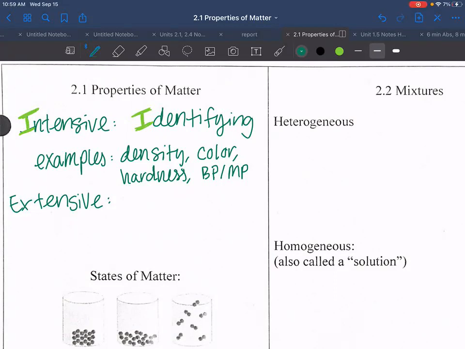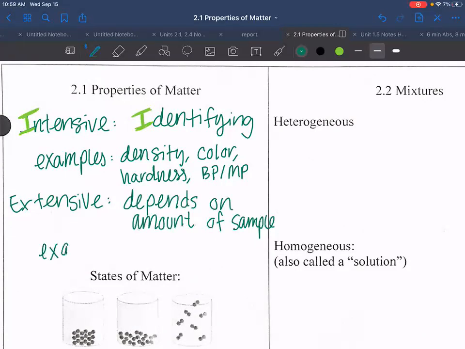Extensive depends on what? Amount. Exactly. Extensive depends on our amount of sample. So, Isaiah, what's an example for that?